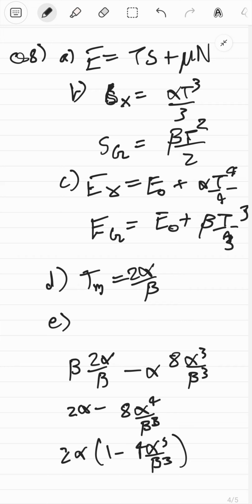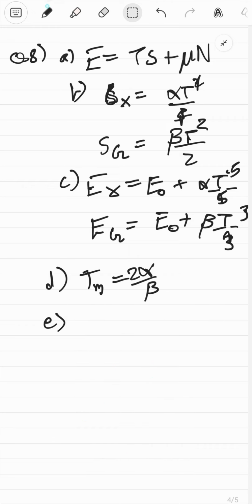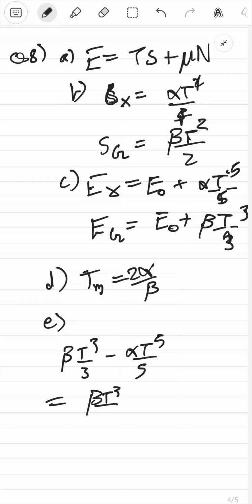Oh, that's cubed. I guess I messed up. This should be 5, and this should be, oh I see, 2, so it's 4 upon 4 and this is 5 upon 5. Oh, that's slightly different. I just messed up a bit, nothing much. So what you essentially have is beta T power 3 upon 3 minus alpha T power 5 upon 5, that's equal to temperature times this stuff, so beta T power 3 upon 2 minus alpha T power 5 upon 4.